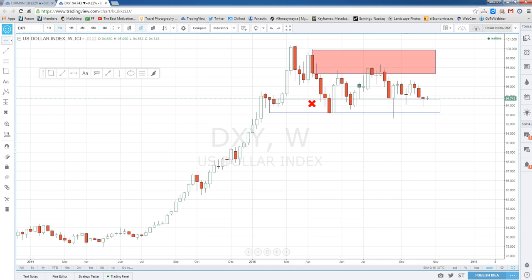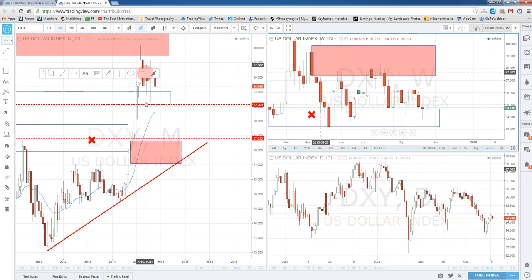The quality of the break means that if there is no close below this area, then the opposing area that has been created is not that good. Makes sense? Also because of this: what is the trend on the monthly? We're still up.